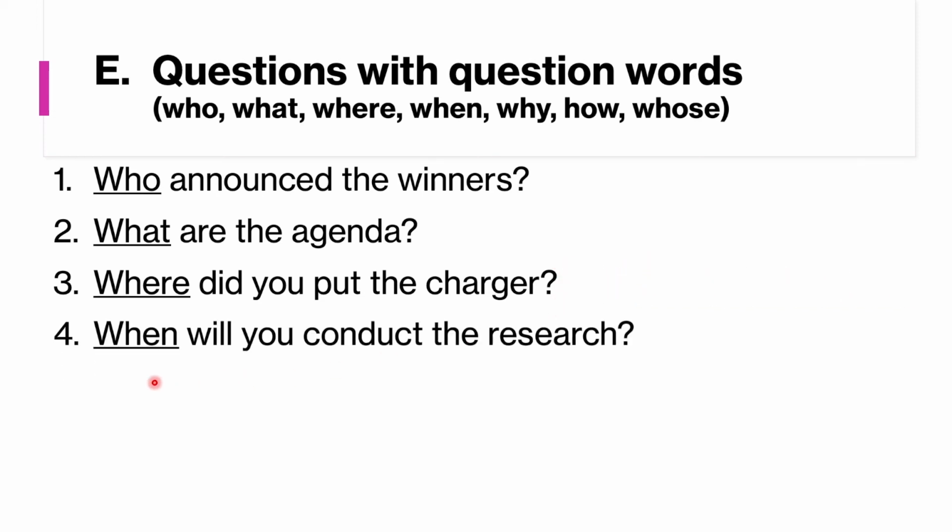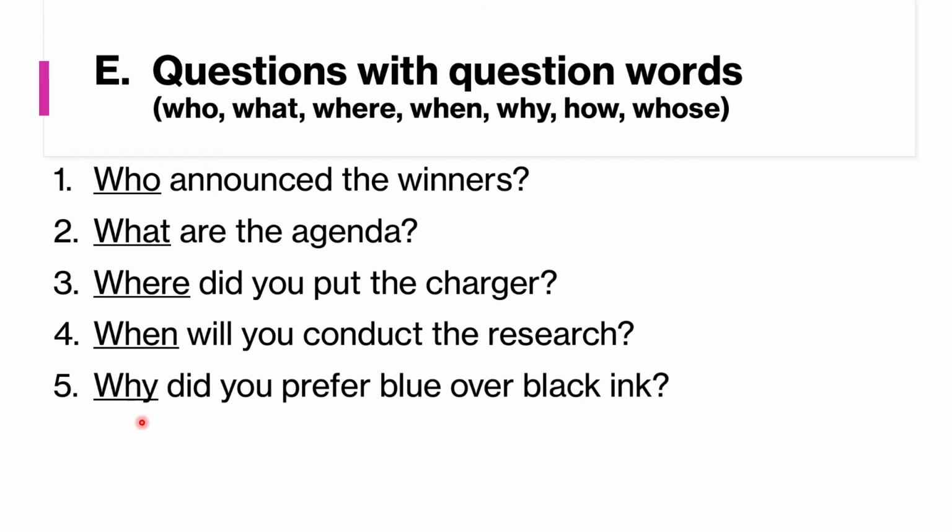Number 4, when will you conduct the research? When? In Filipino, it's kailan. Kailan, asking about time, asking about the date. Number 5, why did you prefer blue over black ink? Why is bakit.